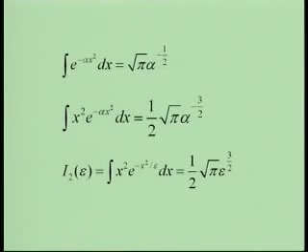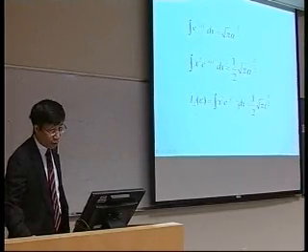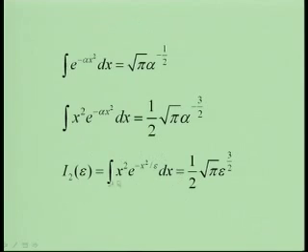I differentiate, I get a half times alpha to the minus 3 halves power. And now I return alpha to 1 over epsilon. Okay? And I call this integral I2 of epsilon. The 2 meaning I have 2 powers of x in front. It's the second moment of this, then I get this function.